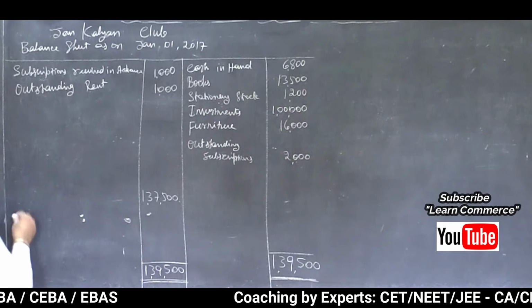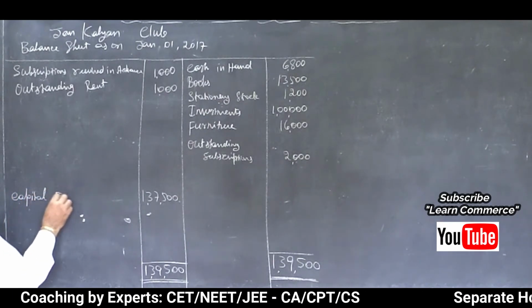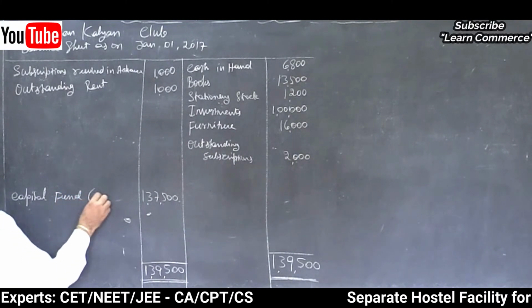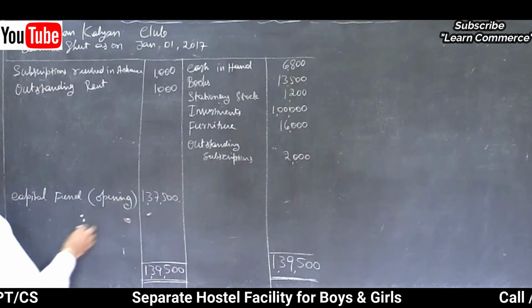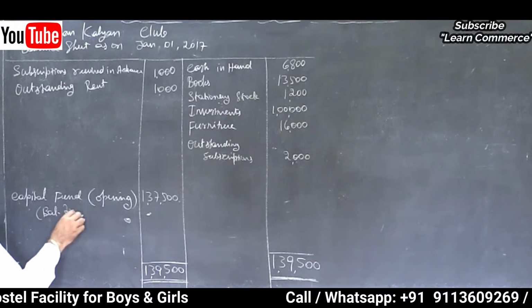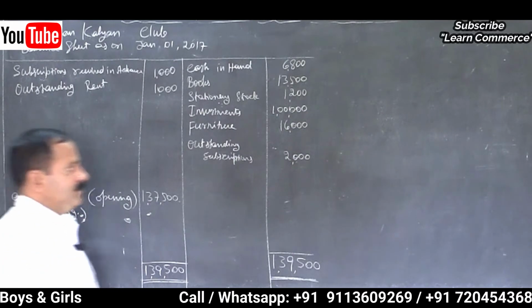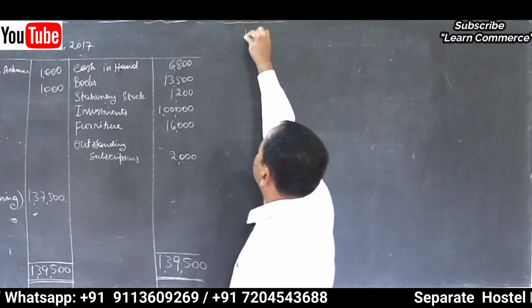That is capital fund, opening, balancing figure. Let us move on to the next part, that is the income and expenditure account.